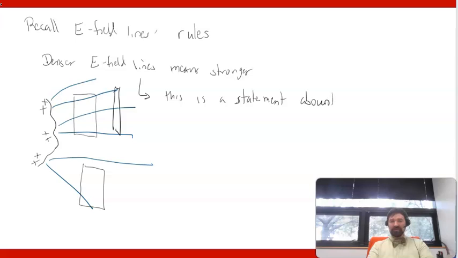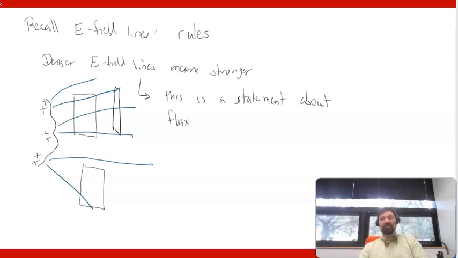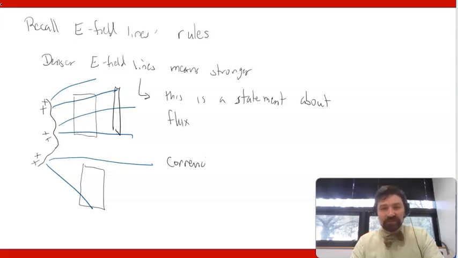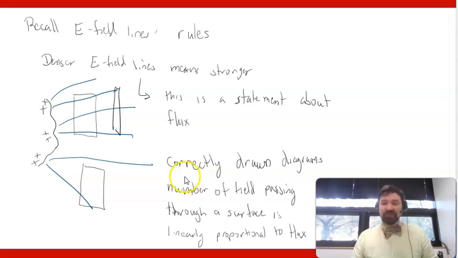But the other new thing that could be added to it is that if the diagram is correctly drawn, then a correctly drawn diagram will have this feature, that number of field lines poking through a surface, passing through the surface, is proportional linearly to flux through a surface. Okay, and so this right here is kind of important for us.